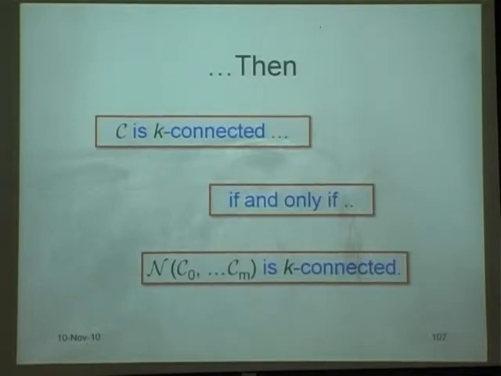So if we can establish these preconditions, then if we want to establish connectivity of the entire complex, we can look at its nerve. And the nerve is, as suggested by the sphere example, usually much, much simpler than the original complex. So we basically do all this work reasoning about the components, and then we can put it all together, and then we have one final step, which is usually pretty trivial.